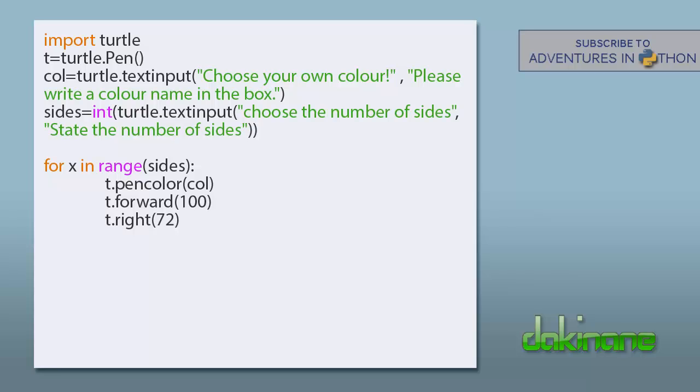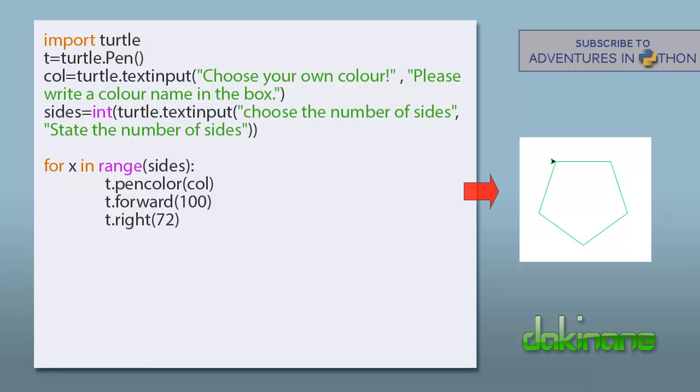See the end double brackets here. What the int argument does is it tells Python to recognise the number input via the text box as an integer and not as a text string. Once it does this, the conditions for the sides variable can now be met, and so the user of the code can pick their own colour and number of sides. I tested the code with green and 5 and got this result.